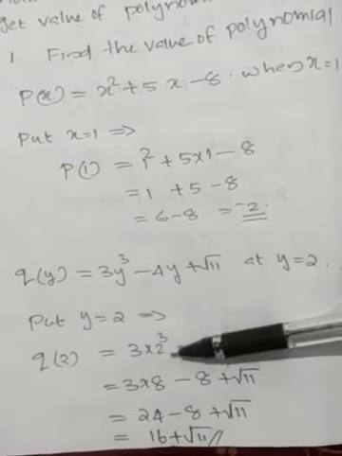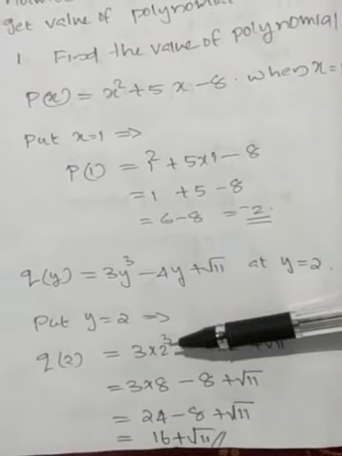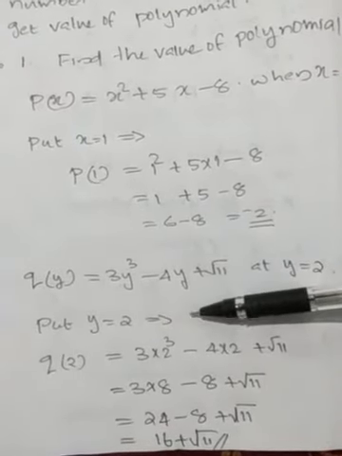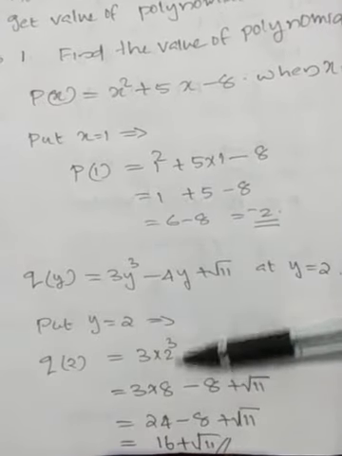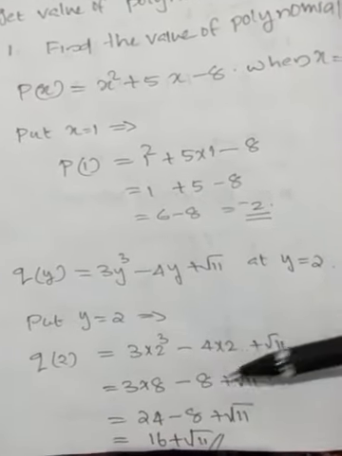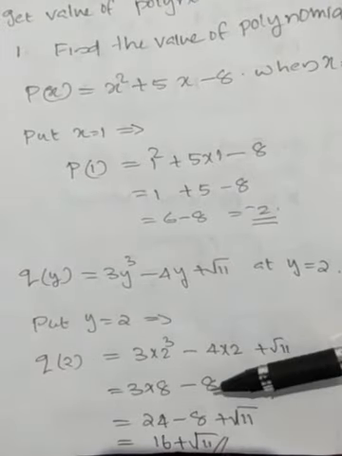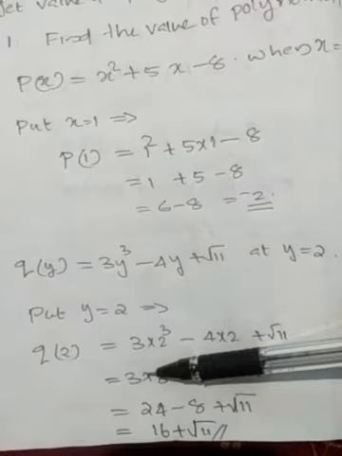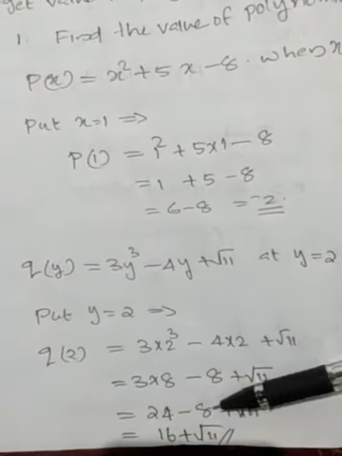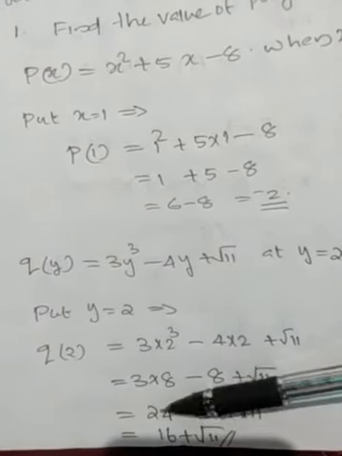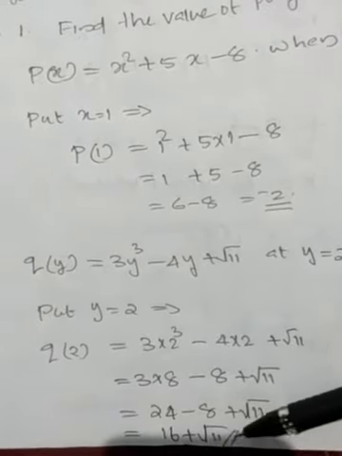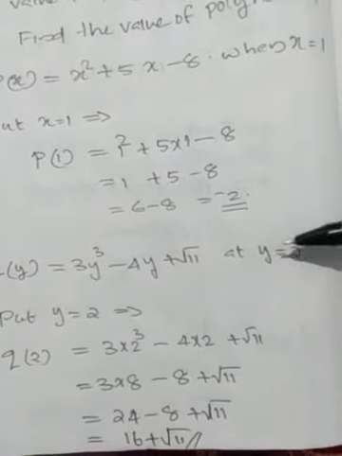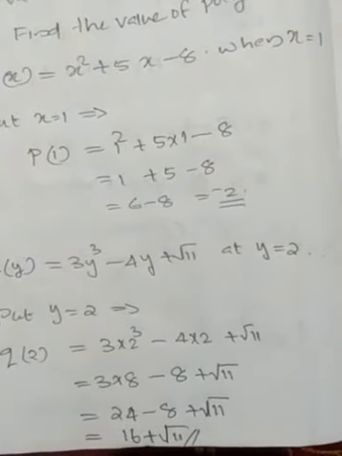What is 2 cube? 2 cube is 2 into 2 into 2. 2 into 2 becomes 4, 4 into 2 becomes 8. That is 2 cube equal to 8. Then 3 into 8 becomes 24, and minus 4 into 2 is 8, plus root 11. 24 minus 8 becomes 16. 16 plus root 11 is the value of this polynomial when y equal to 2. Got it?